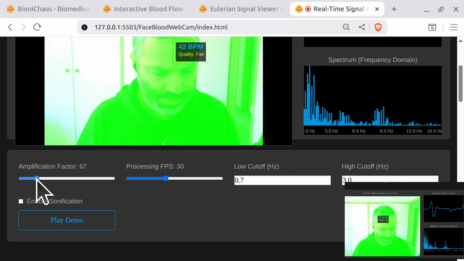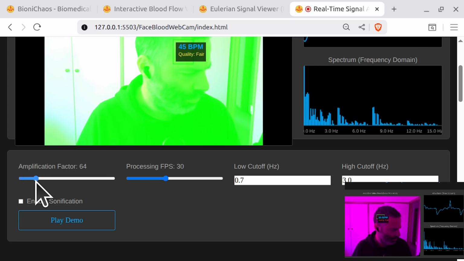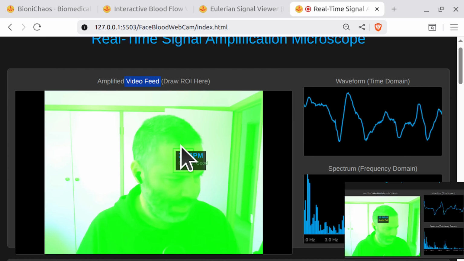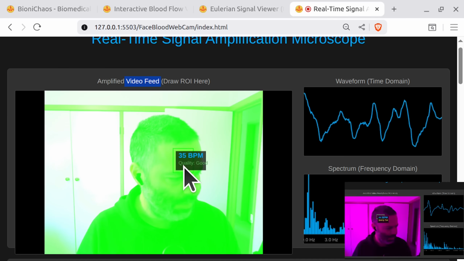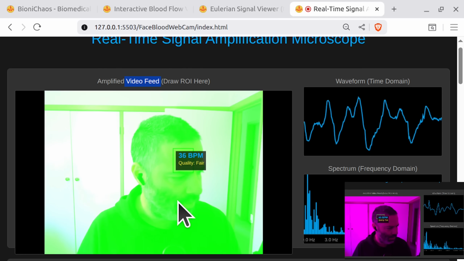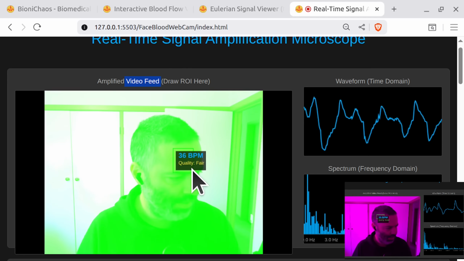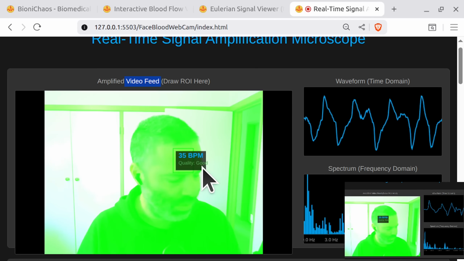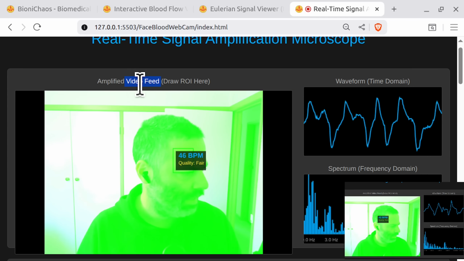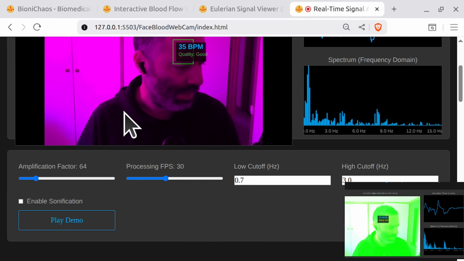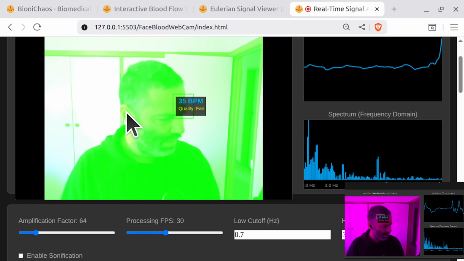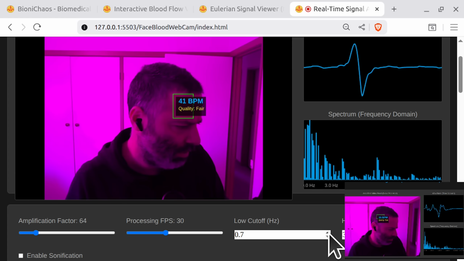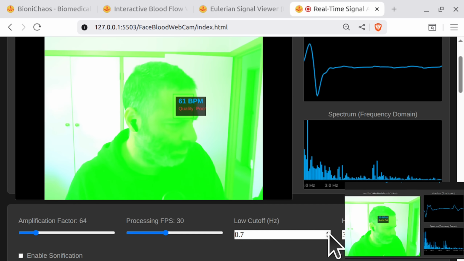The amplification seems to be currently too high, and also when the amplified video feed is flashing, the idea was that we will amplify that blood flow within the area of interest, within the ROI, within the region of interest. But what's currently happening is the whole canvas, the video feed, is flashing with different colors. I think it's not working very well.